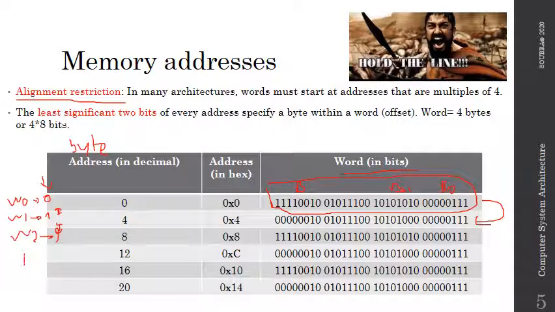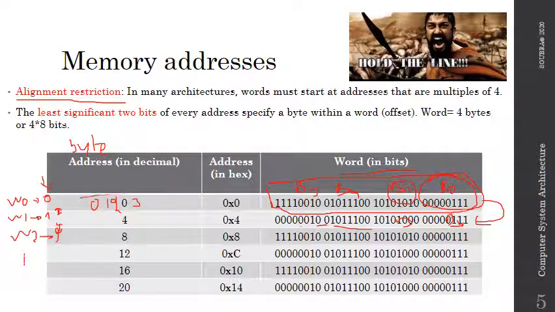I'm just assuming, it could be the other way around as well, B2 and B3, and then this will be B4, B5, etc. So if I'm looking for my byte 0 here, or the other way around, it doesn't really matter, this is at byte address number 0. If I'm looking for my byte number 1 here, this is at byte address number 1, etc., for byte number 2 and byte number 3.